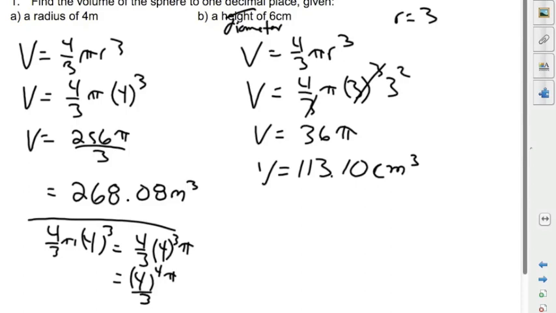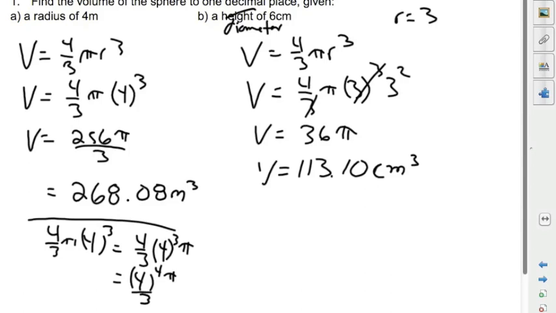Okay? Any questions, A or B? Abby asked a good question. She would like to plug that into her calculator, right? How many buttons do you have to press? Well, you have to do 4 times 3 to the power of 3. A lot of button pressing.